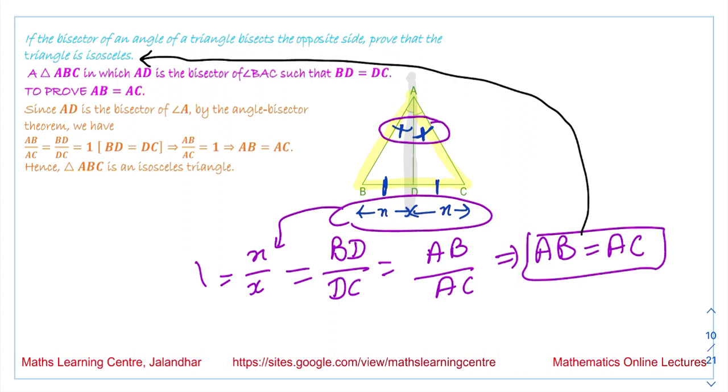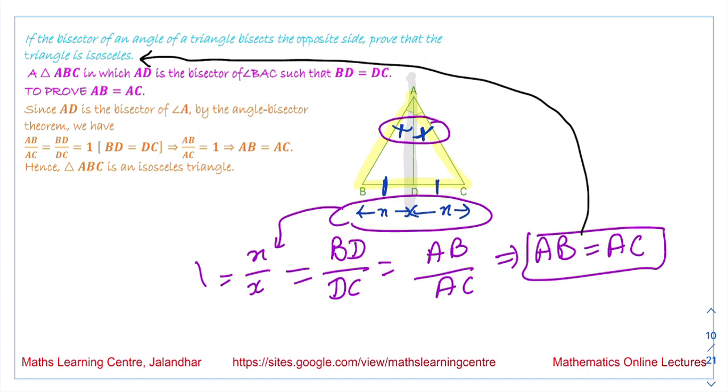It is given that these two angles are equal. So what we get is that AE over EC is equal to AB over BC.